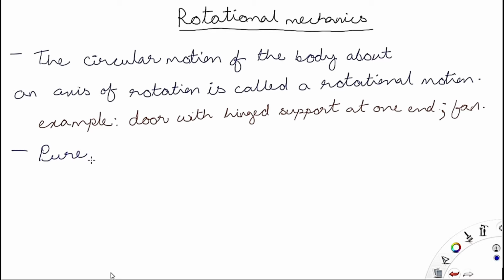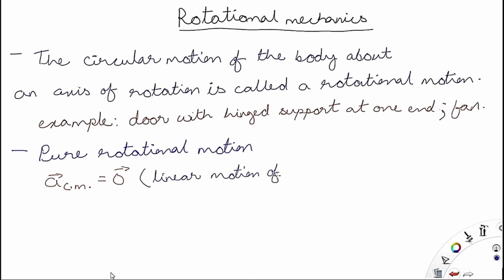Okay. So first of all, we have rotational motion. What is rotational motion? Rotational motion executed by any particle is a circular motion in which the particle is making a circular motion about the axis of rotation.